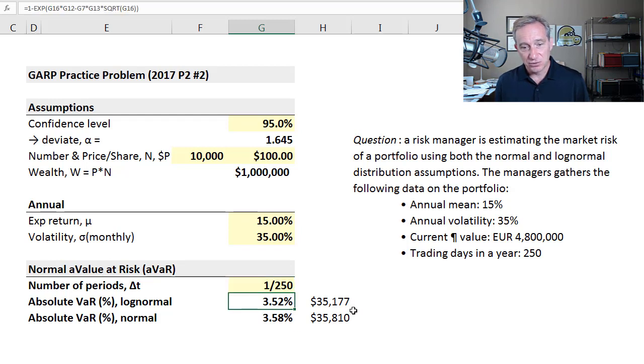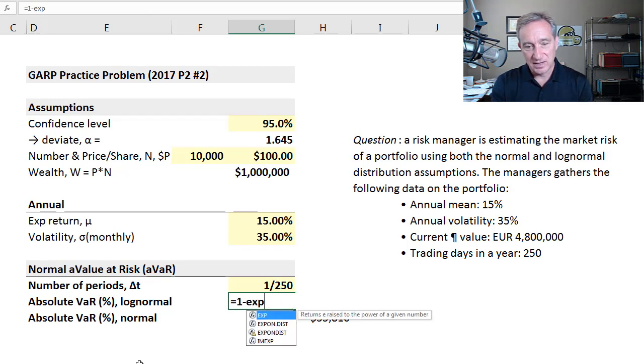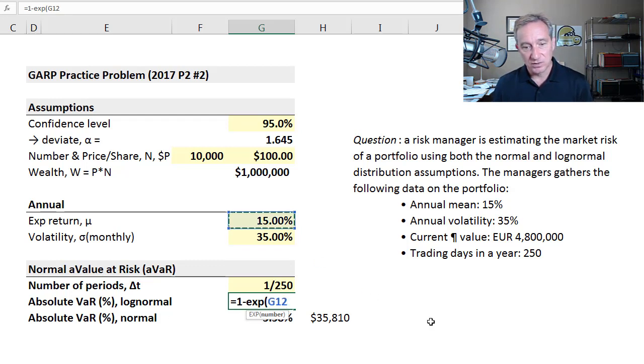So let me start with the log normal VaR. I'm going to take 1 minus the exponential of my annual return, but I need to scale that down from 15% to 1 day, so I'm multiplying it by 1 over 250, or 0.004.